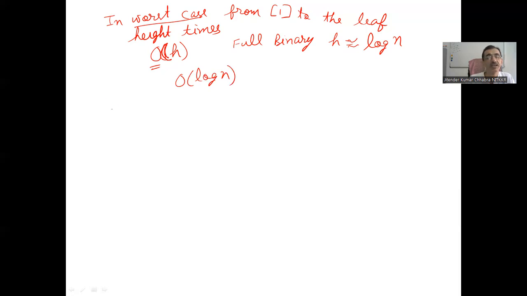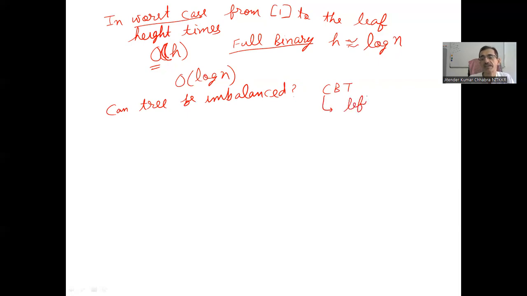Here it is worth seeing: can the tree be imbalanced? If imbalanced, then there will be a difference in height. A full binary tree means height to be this, but a complete binary tree might have an imbalance. Mathematically, the left subtree might have 2n by 3 nodes, and the right subtree will have n by 3 nodes.